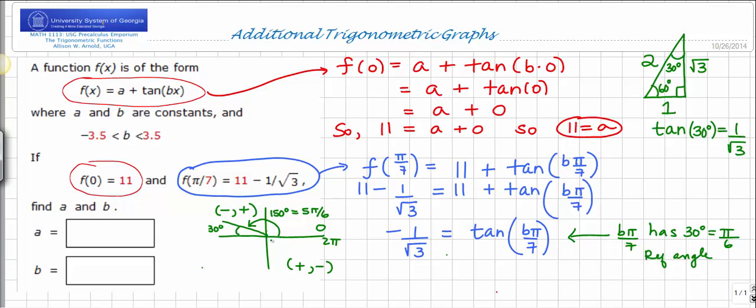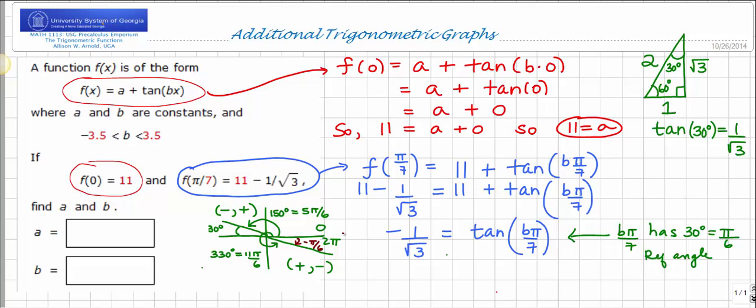Okay? And in the fourth quadrant, 30 degrees, if you measure it positively, that's 330 or 11 pi over 6. You could also measure it negatively, which is negative 30 or negative pi over 6, and you could keep going and so forth. Now notice that our interval for b is between negative 3.5 and positive 3.5.